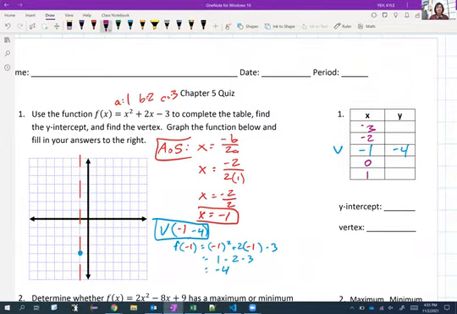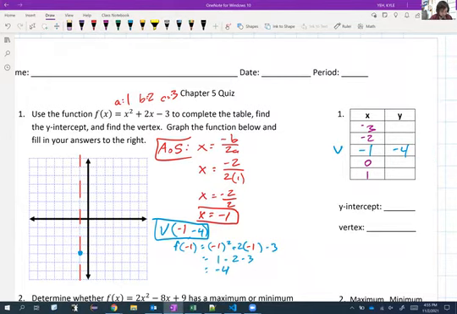And like we did for the y-coordinate of the vertex, I can plug in any x value and find the y-coordinate on this parabola. Because these parabolas are symmetrical, I know that if I go 1 to the left at negative 2, it'll match 1 to the right at 0. So I really only have to plug one of those in.